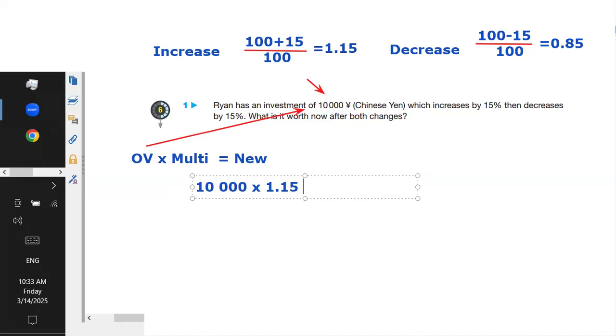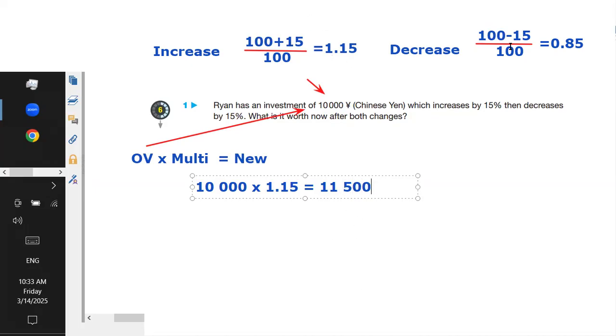So 10,000 times 1.15 gives me 11,500. This is the first value after multiplying by the first multiplier.